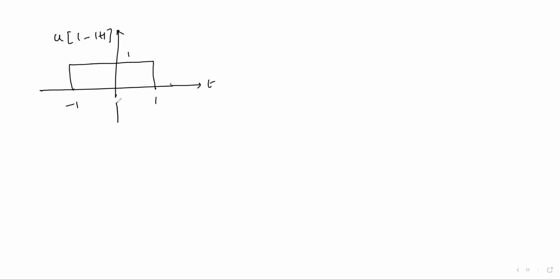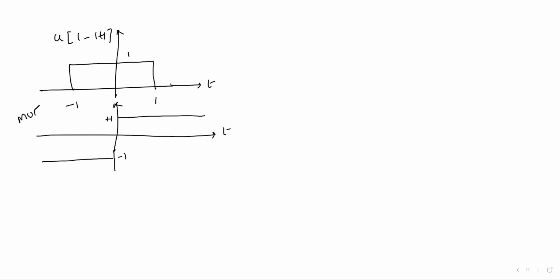And it is multiplying with the standard signum function, which is +1 on the right hand side and -1 on the left hand side. We have to multiply these to get x of t. So let us multiply these two signals.